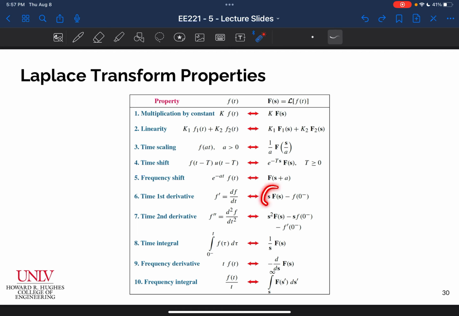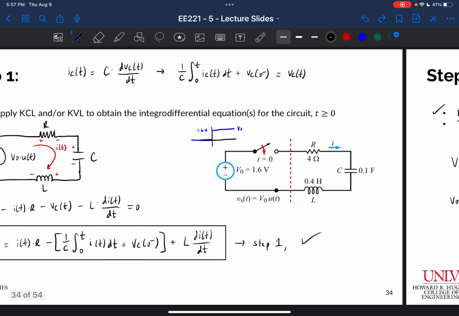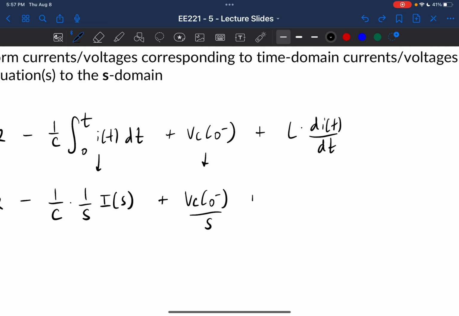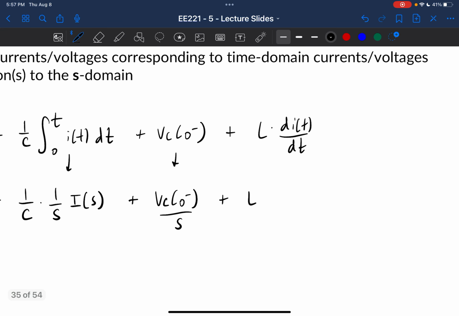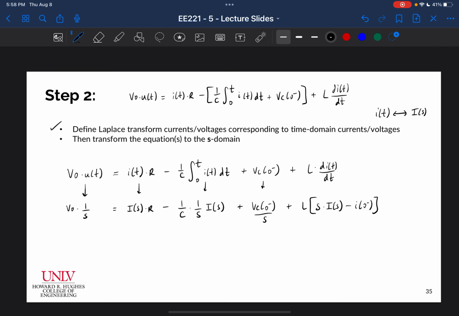It says that we need to multiply I of s by s and then subtract the initial condition for our function, which in this case is I of 0 minus. So let's go do that. Sorry, wrong one. So this is going to be multiplied by L, of course, because our constant comes along for the ride. s times I of s, and then minus I of 0 minus, which is the initial current in the circuit.